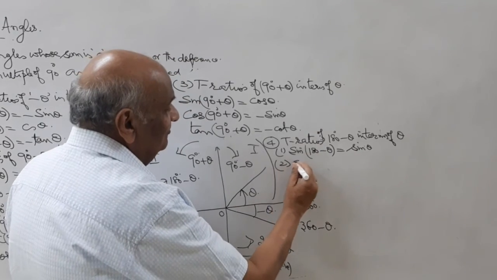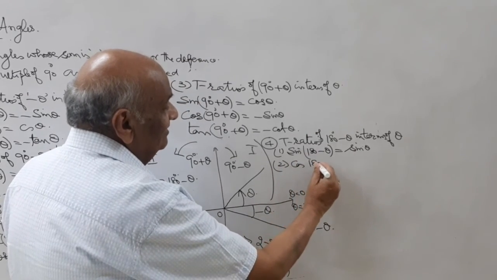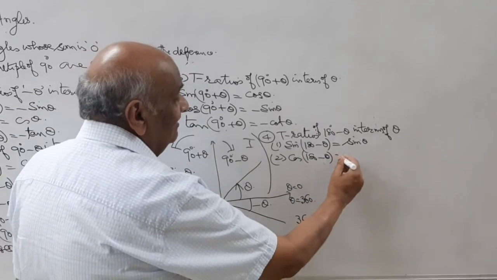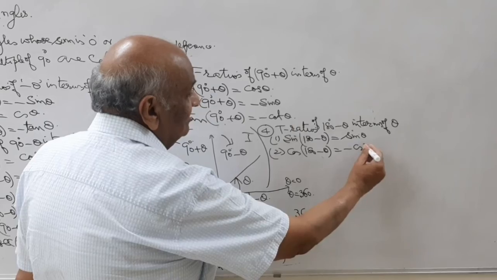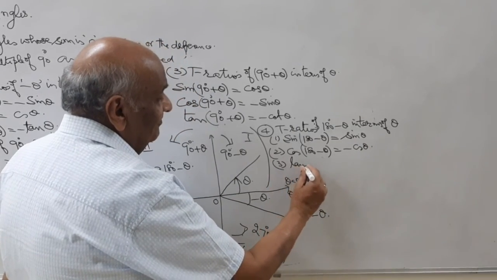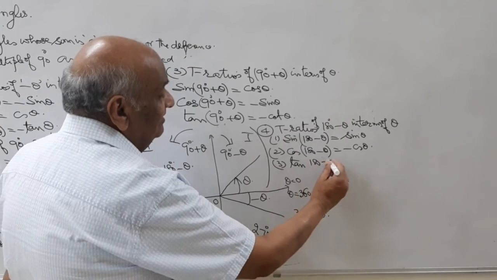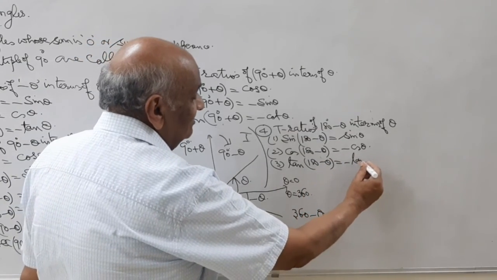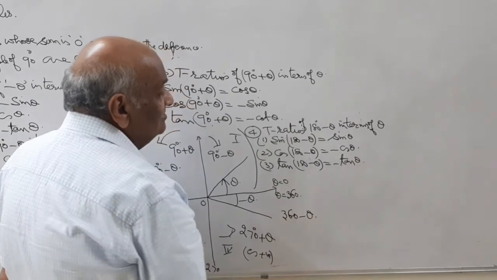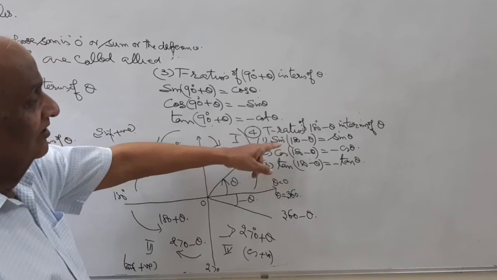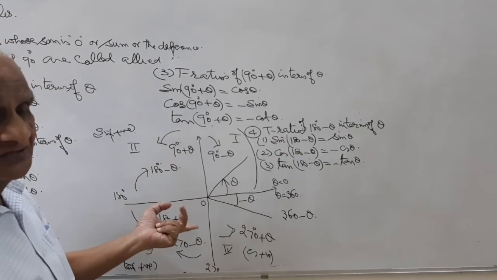Then you have cos 180 minus theta, second quadrant cos is negative, minus cos theta. Third, tangent of 180 minus theta will be equal to minus tan theta. You must decide in which quadrant you are talking and accordingly use sign conventions.